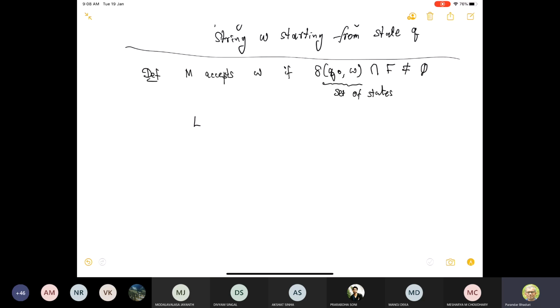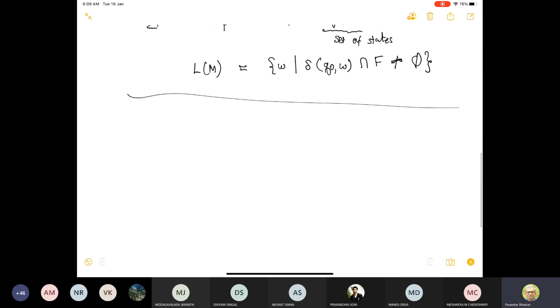And then the language of M is the set of W such that delta Q naught W intersection F is non-empty. I think we went up to this point in the last class. Any doubts?